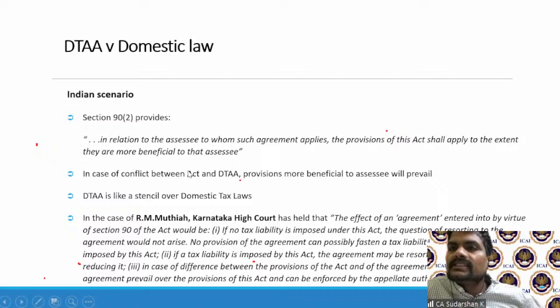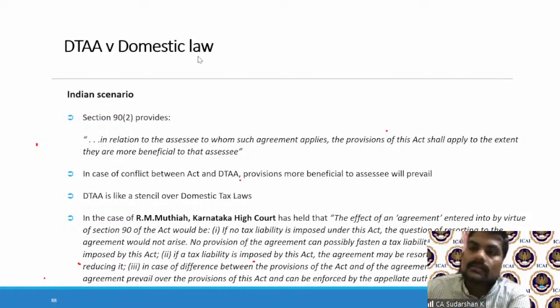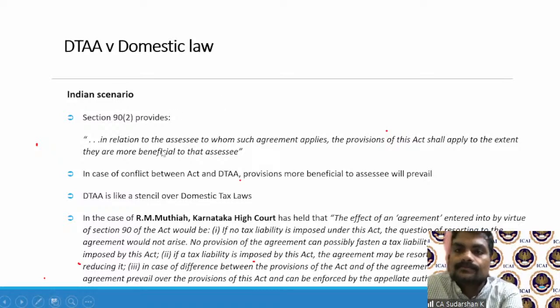So when there is a conflict between an Act and a treaty, the provisions more beneficial to the assessee apply; he can choose either Act or treaty. For example, the Act specifies a rate of 20%, the treaty gives only 10%, then I can use the treaty rate. Under the Income Tax Act, it is exempt from taxation. Under the treaty, it may be taxable. Then I can always choose the Act because that is more beneficial to me.